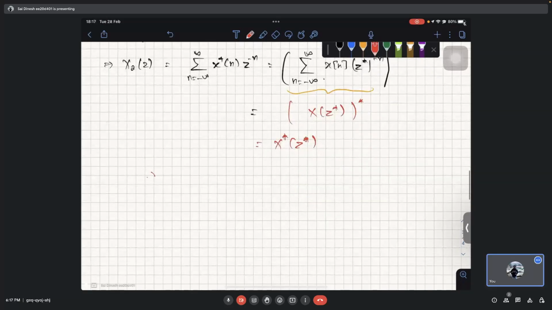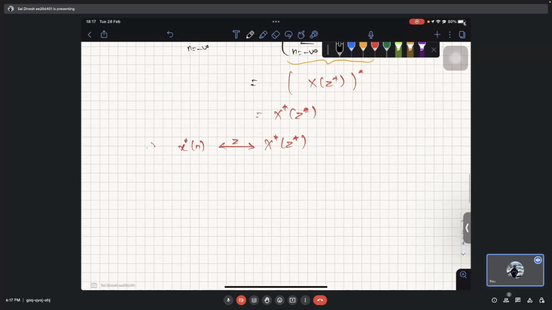Therefore now we know that x*(n) is a Z transform pair with X*(z*). So if you talk about the ROC here, alpha less than |z*| less than beta, which again is alpha less than |z| less than beta.